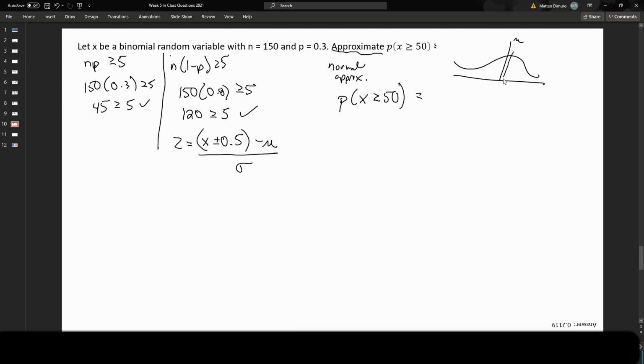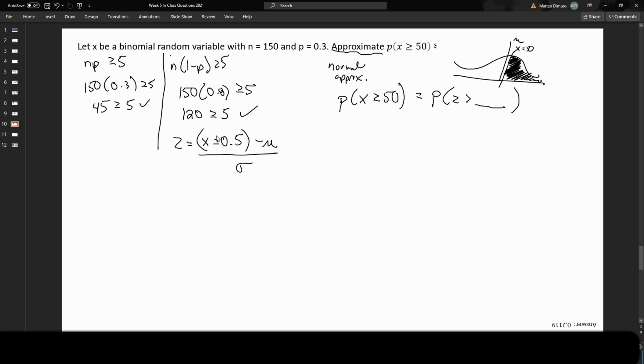So we're going to be somewhere over here; this is going to be x equals 50. Because we're greater than or equal to 50, we're looking to the right of that value. So we're looking for the probability that z is greater than whatever number we get in our calculation. Now, we also need to figure out the continuity correction.